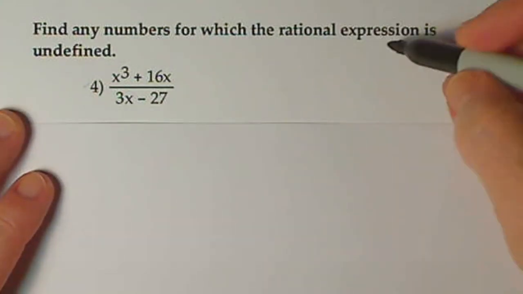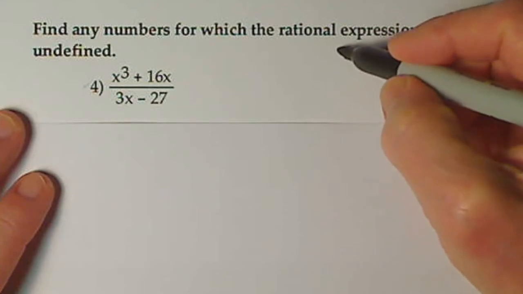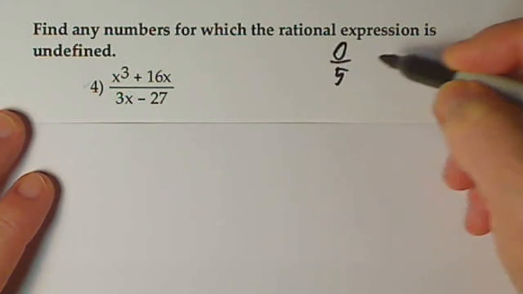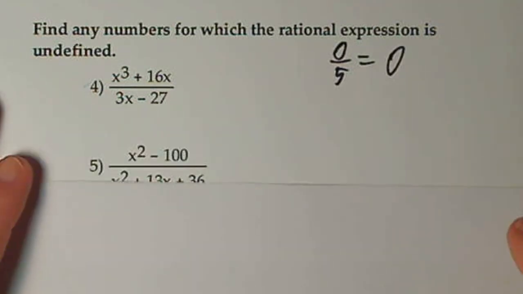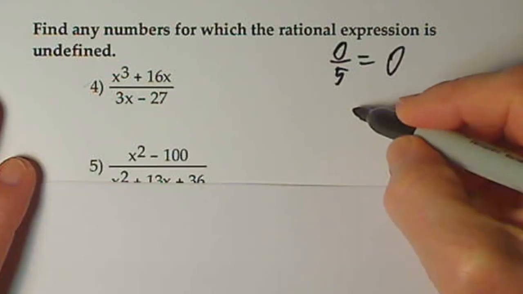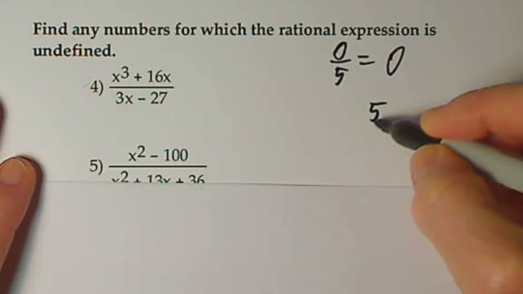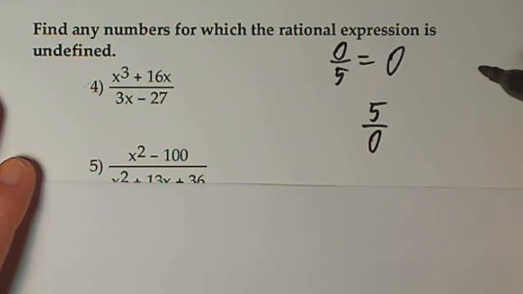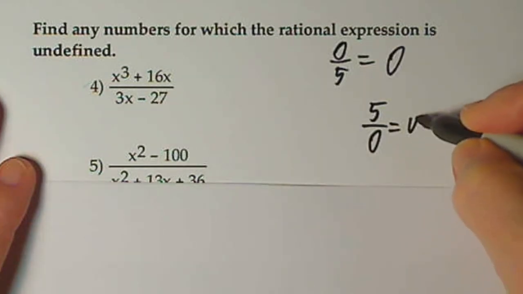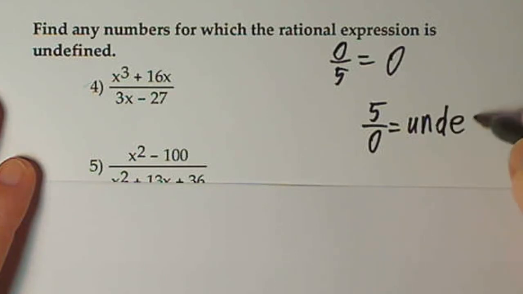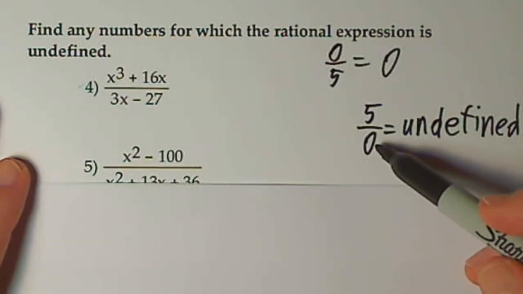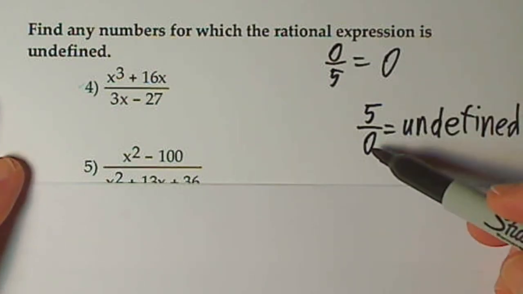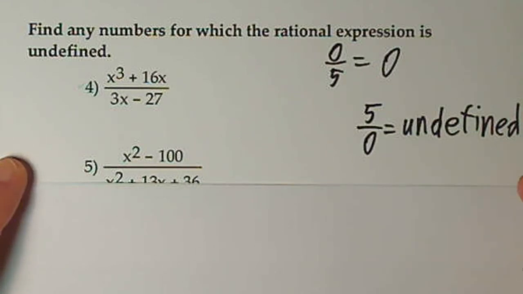This is just off to the side. If you have 0 over 5, the answer to that is 0. But if you have 5 over 0, that is undefined. All right? You can't have 0 in the denominator because division by 0 is not defined.